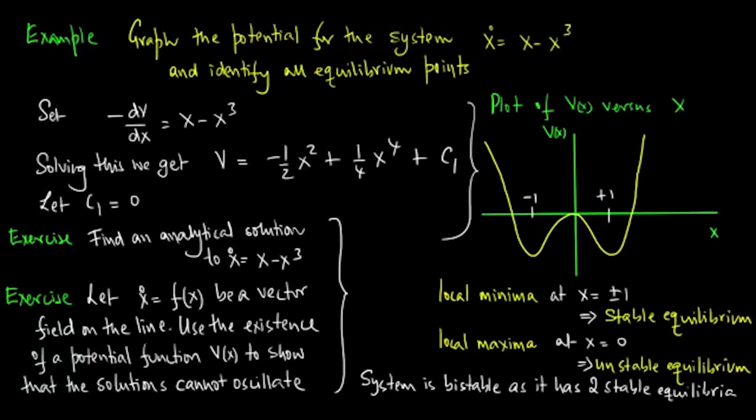So this second exercise is actually closely related to the lecture where we talked about the impossibility of oscillations of x dot is equal to f of x. But here what I am saying is, can you use the existence of a potential function V of x to actually show that the solutions of x dot is equal to f of x cannot oscillate?